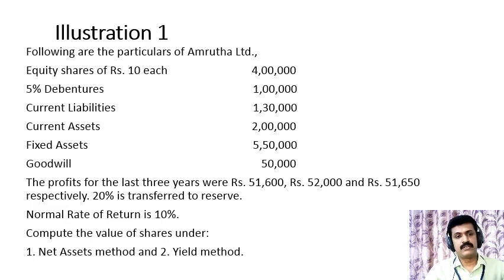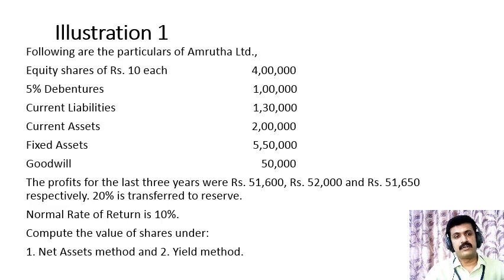So in the first method, that is net assets method, we have to ascertain the value of share, for which first we need to ascertain the net assets available for equity shareholders. For that we have to take the market value of assets first. So first we have to take the market value of assets. In that, goodwill, fixed assets and current assets, all three we add.